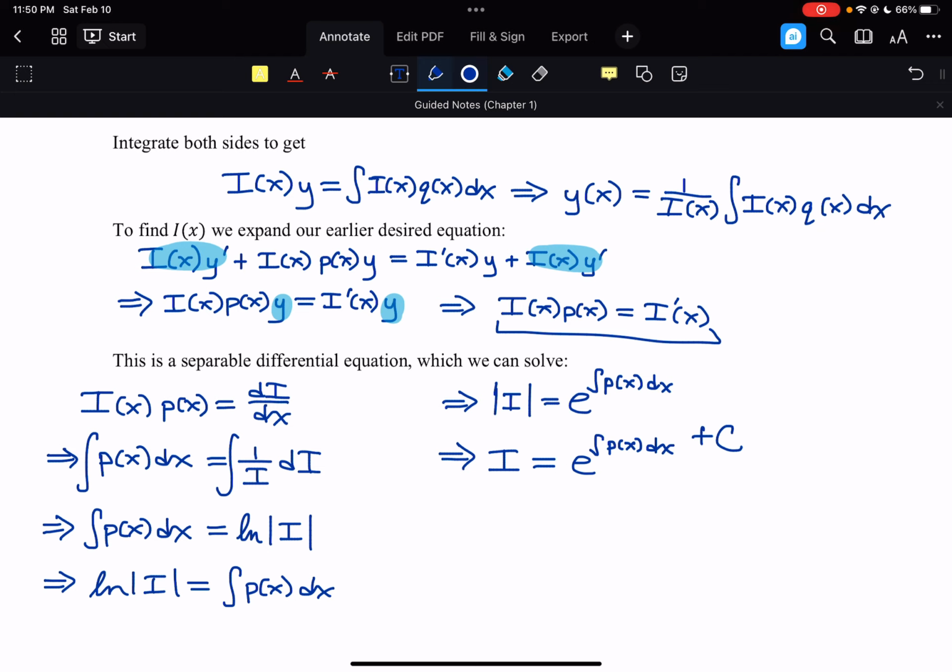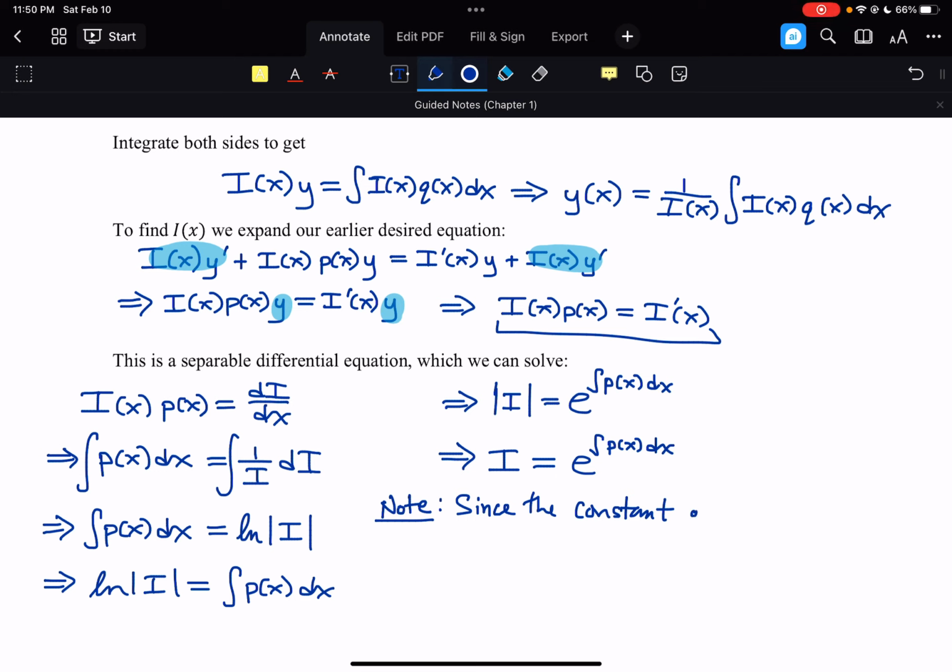But the nice thing is, because this constant is arbitrary, it really doesn't matter what its value is. So for the simplicity of the formula, we're able to make it whatever we want. This is an important thing to take note of here. So since the constant, actually, let me get rid of that plus c there.